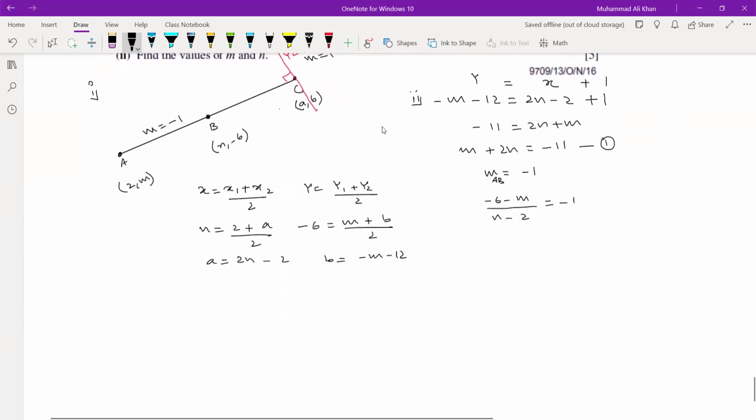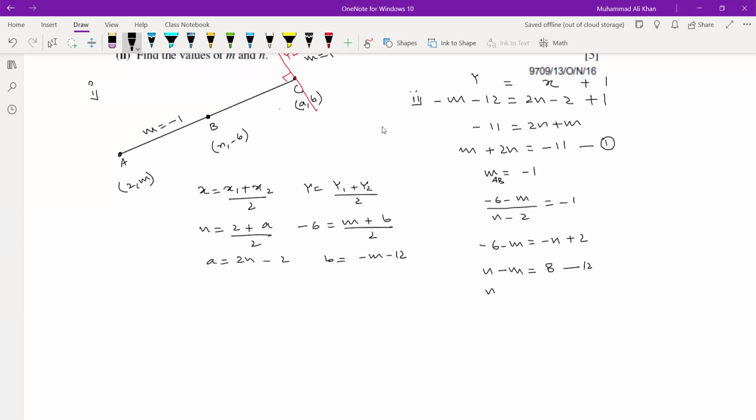So now, minus 6 minus m equals n multiplied by minus 1, minus n, minus 2 multiplied by minus 1, plus 2. n towards left, n minus m equals 6 towards right, 8. Are you clear?